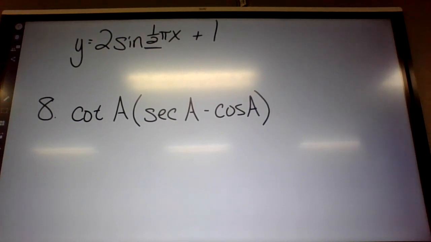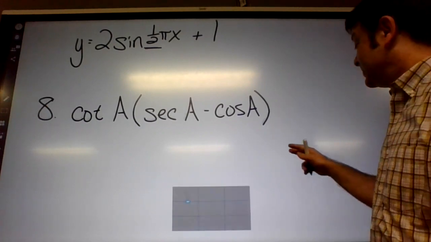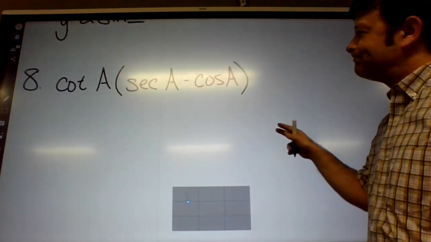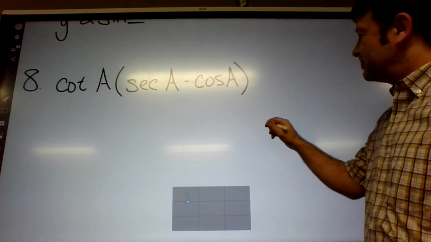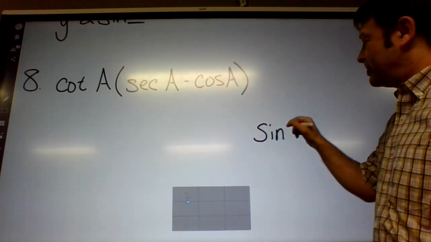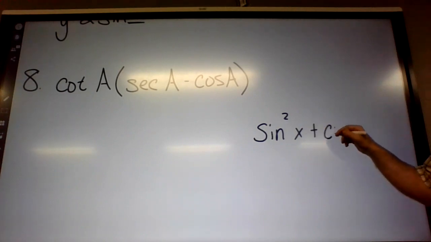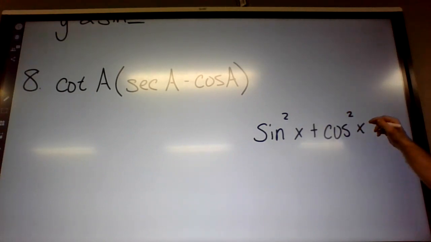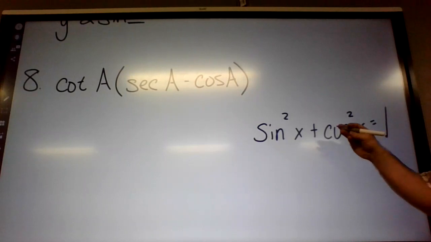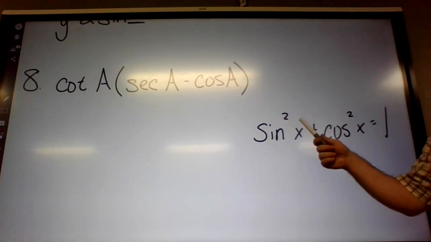Let's talk about properties of these trig functions. Cotangent. So let's see if you guys remember this one. This is probably the one we use the most. Sine squared plus cosine squared equals 1. Okay, this would be a good thing for the notes.